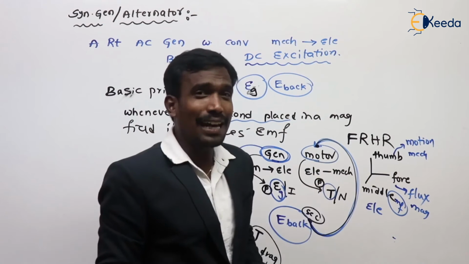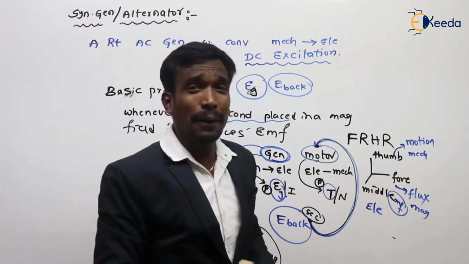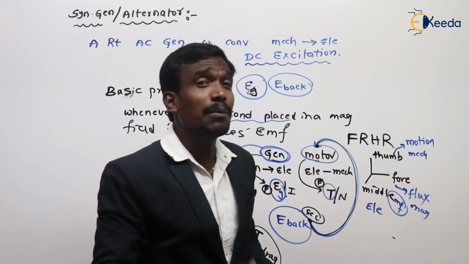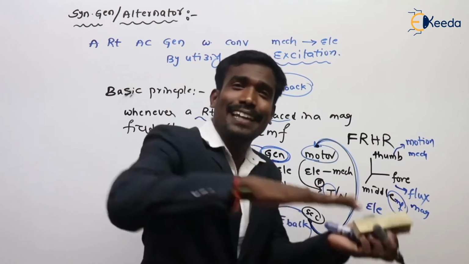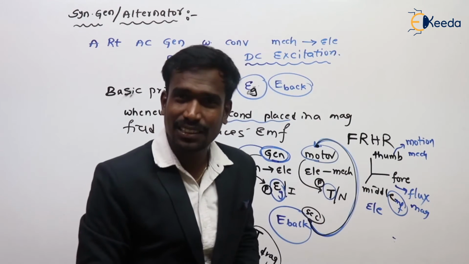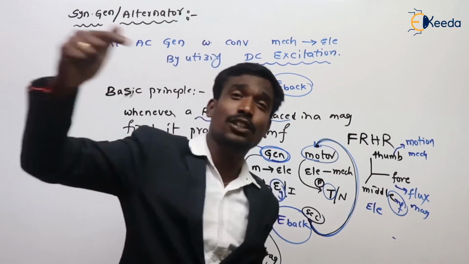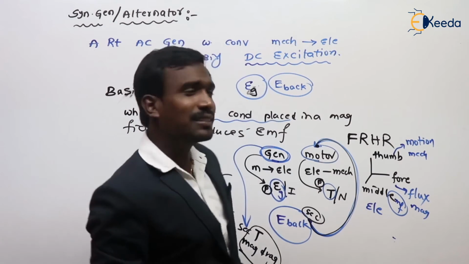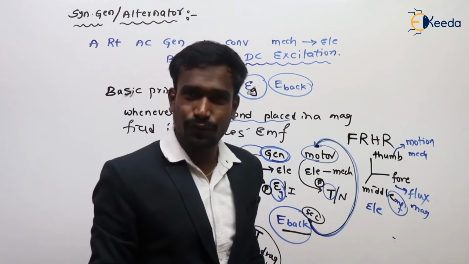I have a motor, but in this motor the generator action is taking place. Then some EMF is produced. That EMF is in the opposite direction to the supply voltage. The generated EMF in the motor is in the opposite direction to the supply voltage. Hence, that EMF is called back EMF or counter EMF.